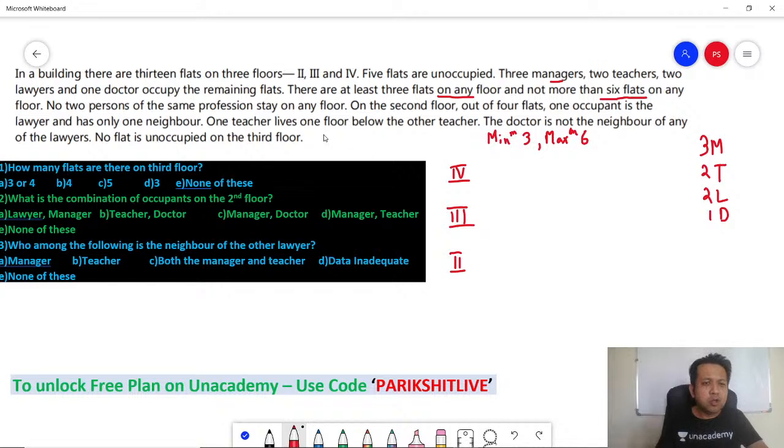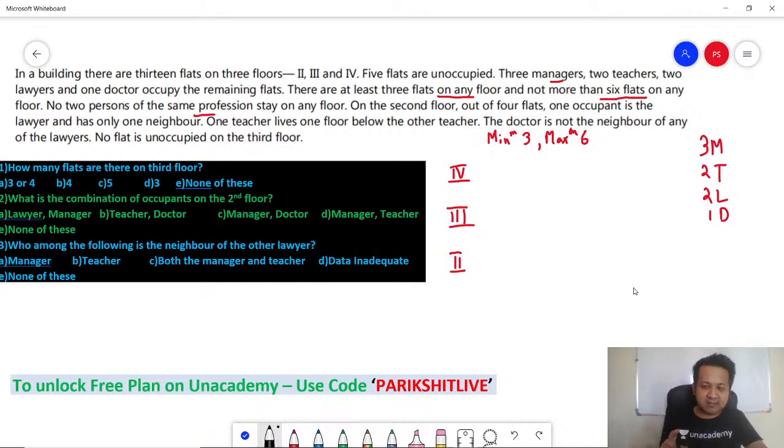Next, no 2 persons of the same profession stay on the same floor. So I think it gives you a very nice clue. There are 3 floors and no 2 people belonging to the same profession stay on the same floor.